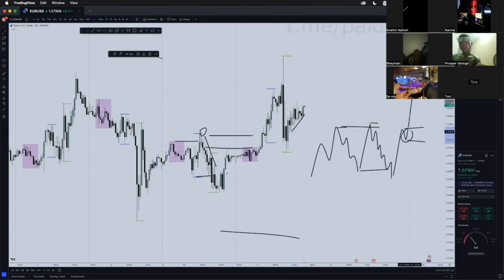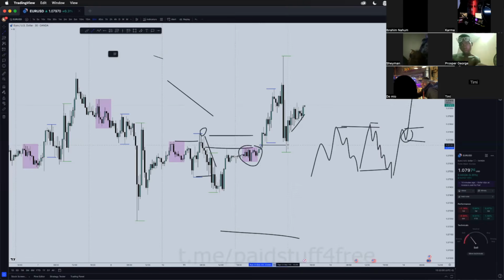Okay, so now let's use this one here for the example. Now, look at the last reaction that happened before they blow the POI away. Now, look at this pullback that happened after. This pullback failed to do what? To fill this gap fully. You can see this inefficiency. You can see this weak.